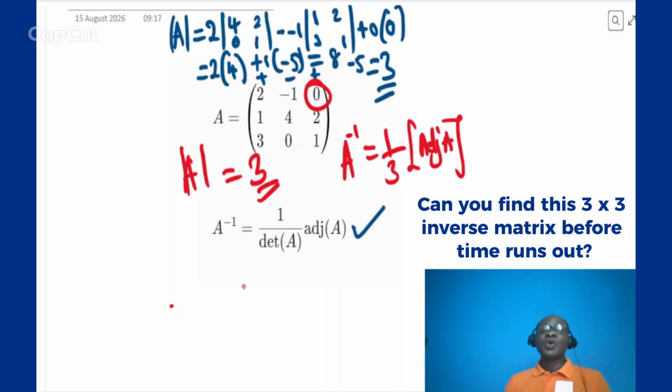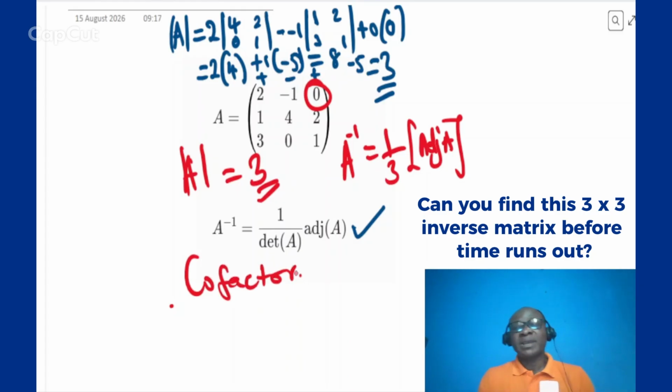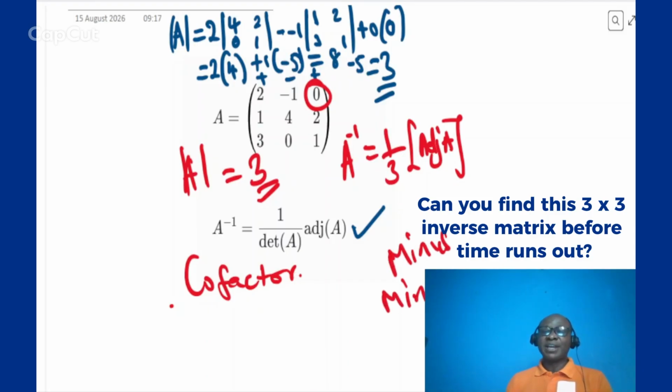Now, to find the adjoint matrix, we are going to find what is called the cofactor matrix. Cofactor. Did you hear that? Yes, sir. In that cofactor matrix, we are going to get what is called a minor.